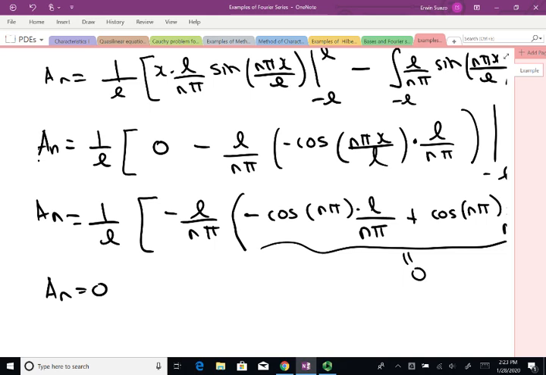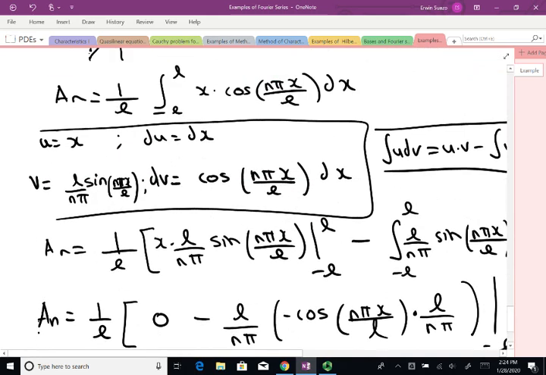I think x cosine n pi x is gonna be odd. Yeah, it's gonna be odd. So that means the integral between minus L and L is 0 because it's an odd function.